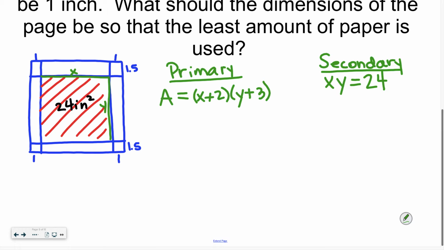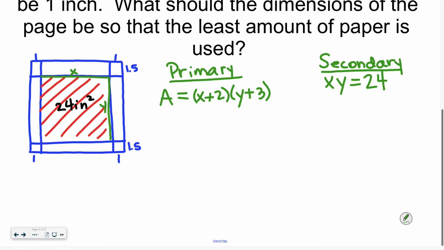Okay, what we have to do, because we can't use the first derivative test on something that looks like this, because we want to take the derivative with respect to 1 variable. Okay, so we can use our secondary equation and make this only have one variable? Does it matter which one you choose? It sure does not, okay?